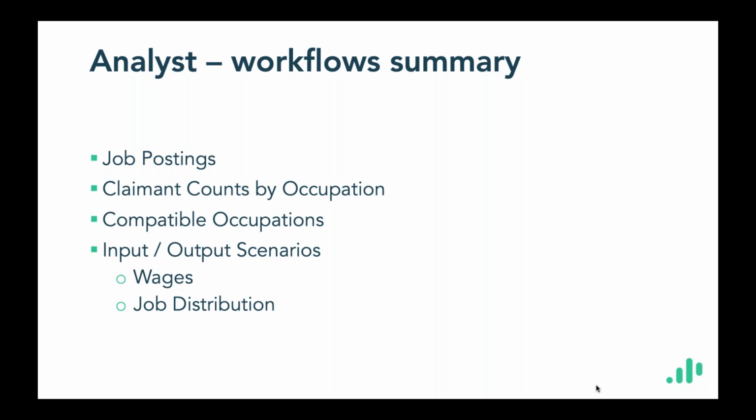We've looked at compatible occupations by looking at the O*NET skills taxonomy. And then we've also had a quick look, but we will go into more detail at a later stage, at how you can run scenarios to understand the wider impact of potential job losses at a local level, the impact that has on the wider economy, and the distribution of jobs as well.